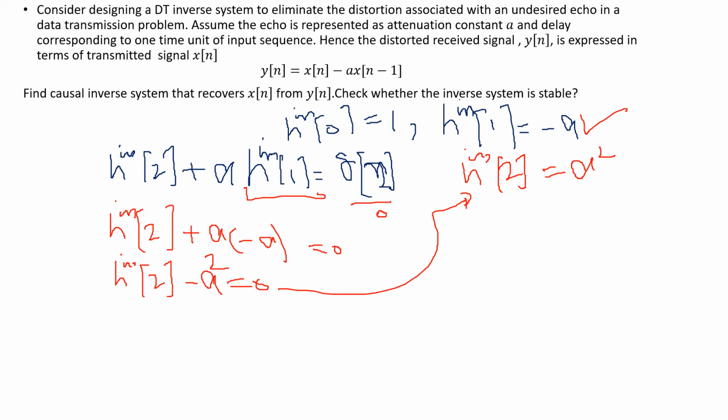Similarly, I hope you understand that for h inverse of 3, can you guess what it will be, or should I do it? Okay, let's do it for 3 and then we generalize it. So h inverse of 3, I have replaced n with 3, and this is a times h inverse of n minus 1, so n is 3, so 3 minus 1 means 2, and this is equal to impulse of 3. Hope you understand that this will be 0 because the argument is non-zero.